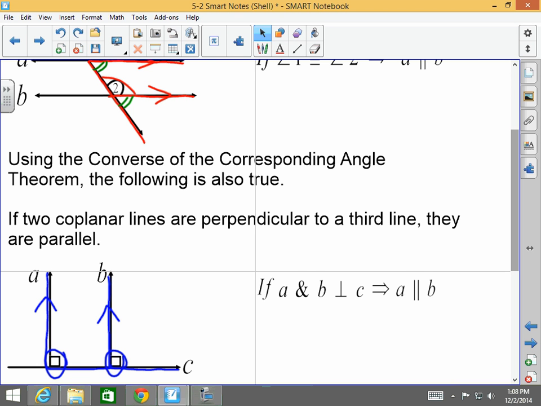So it's almost the same as the converse of the corresponding angles theorem, except it is directly related to perpendicular lines. So if two or more lines are perpendicular to the same transversal, that means that all of those lines that are perpendicular to the transversal are also parallel.